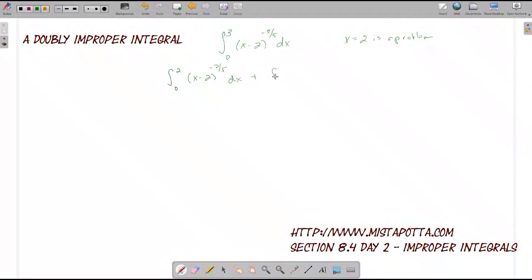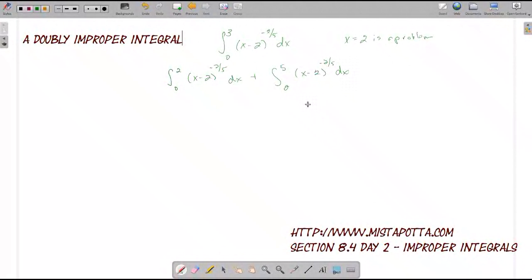And the integral from 2 to 5 of my function. Now all I'm doing at this point is using one of the properties of integrals that we talked about.